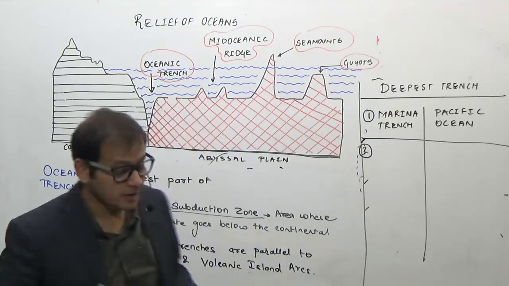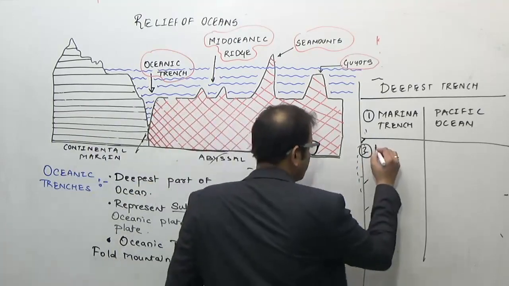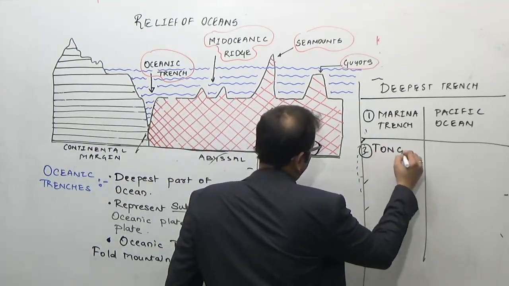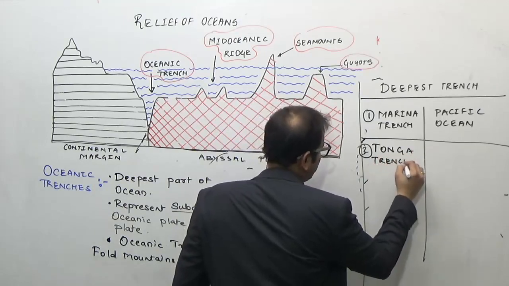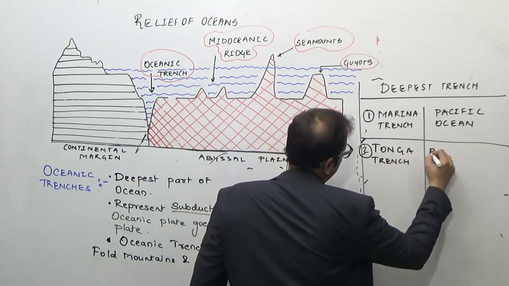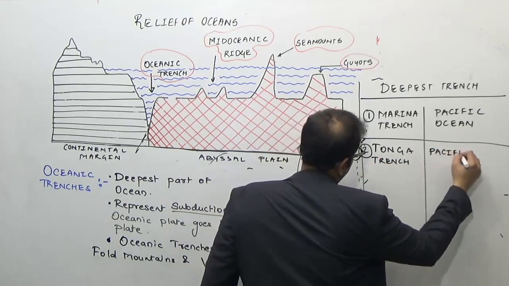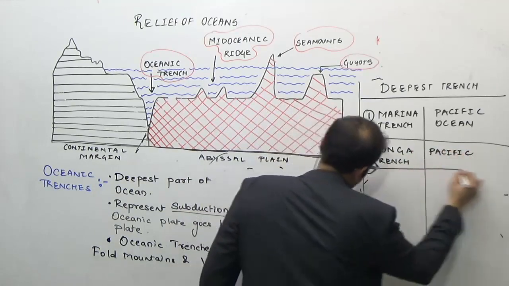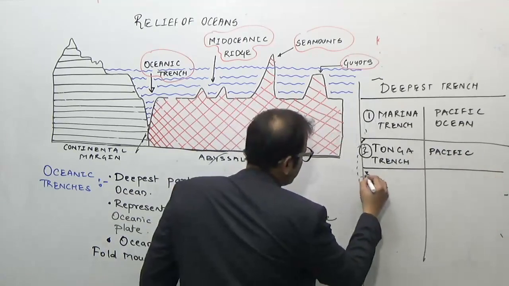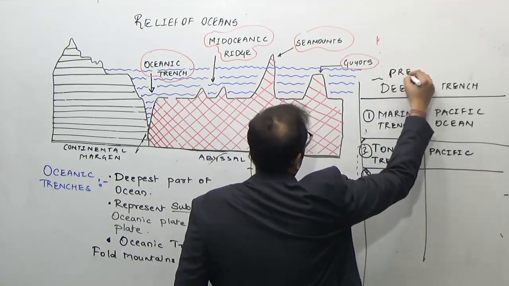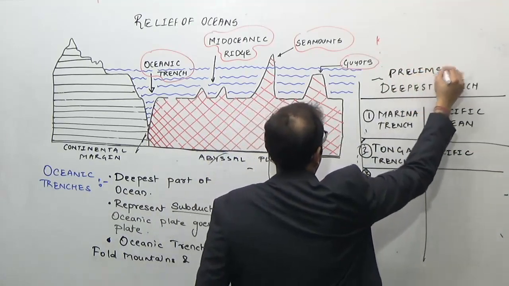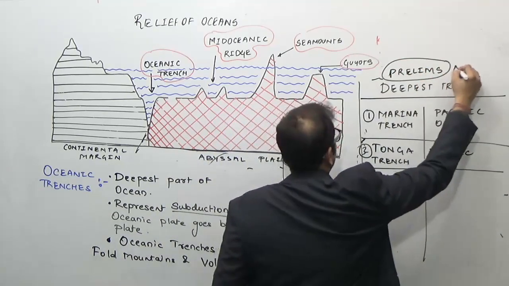The second important trench is the Tonga Trench, again in the Pacific Ocean. The third important trench is the Philippine Trench. You have to remember this from the prelims point of view.